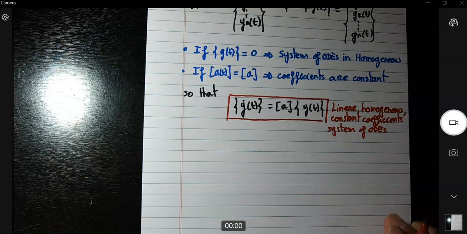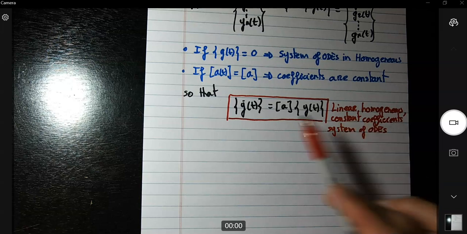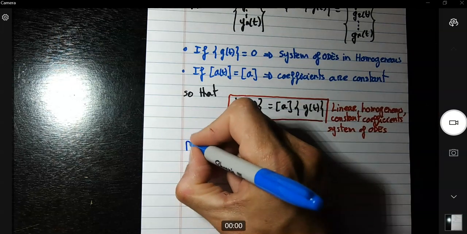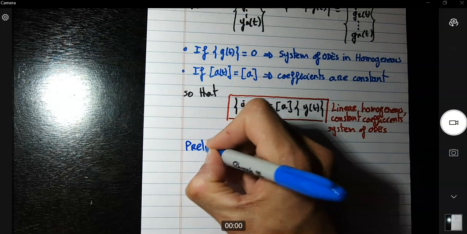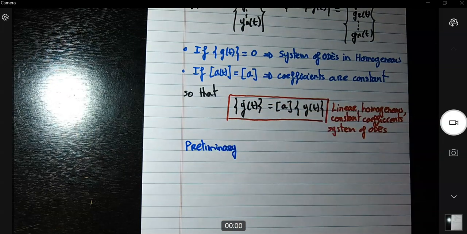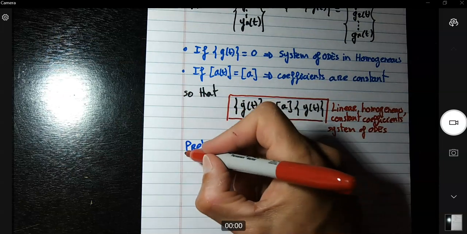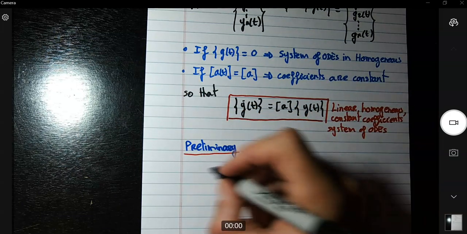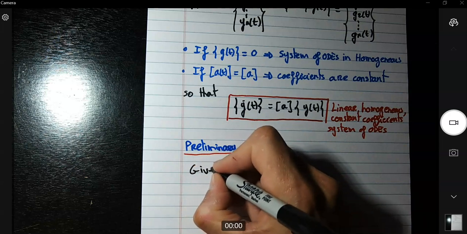Alright, so before we learn how to solve this type of system, let's just look at what happens with just one of these functions. Let's call this preliminary. So instead of having a system of ODEs, we're just going to take one.